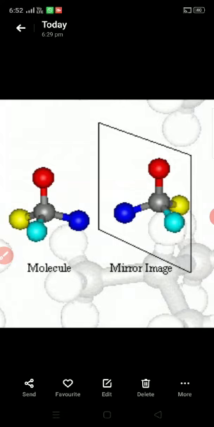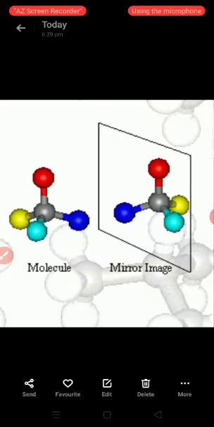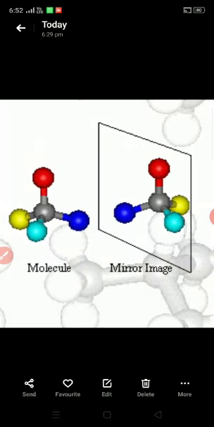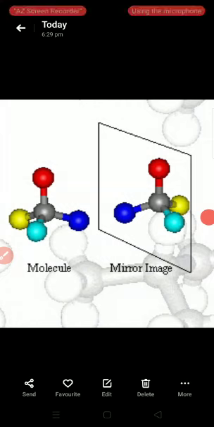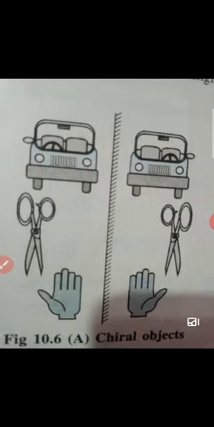This has chlorine, hydrogen, CH3 group and C2H5. This is a mirror image, but it is a non-superimposable mirror image. In a chiral object or asymmetric object, symmetry is absent.